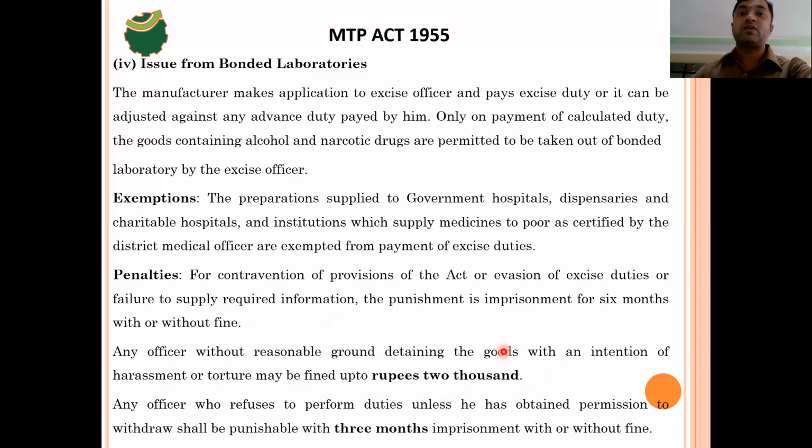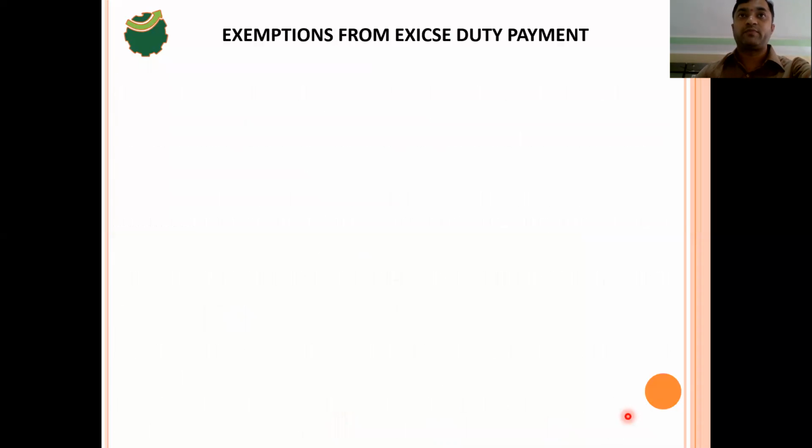If the officer is also making mistakes, then he will also be punished and fined rupees 2,000. An officer who refuses to perform duties unless he has obtained permission to withdraw shall be punishable with 3 months imprisonment with or without fine.